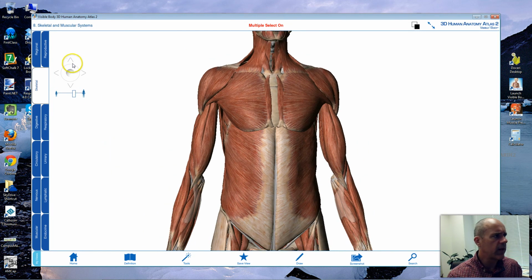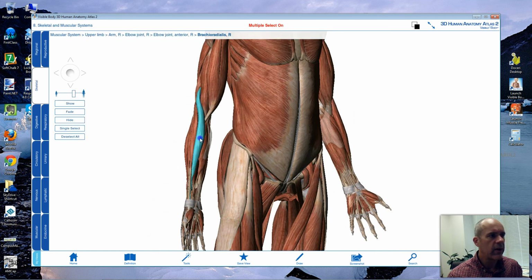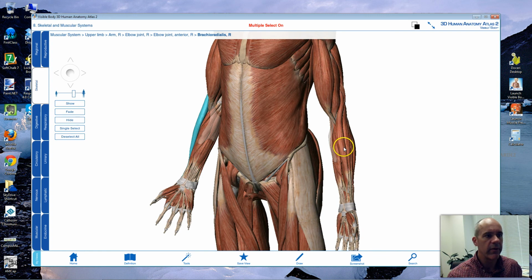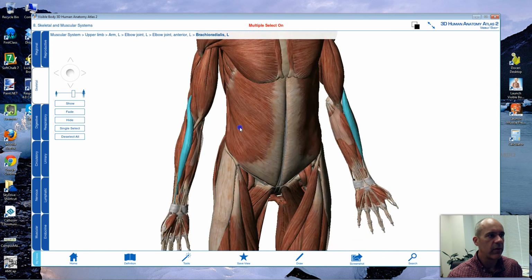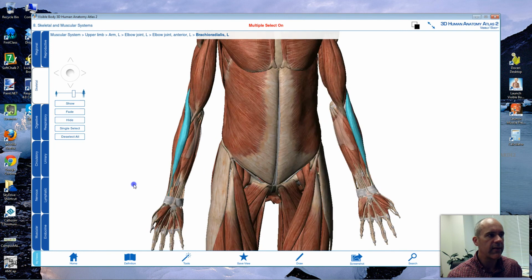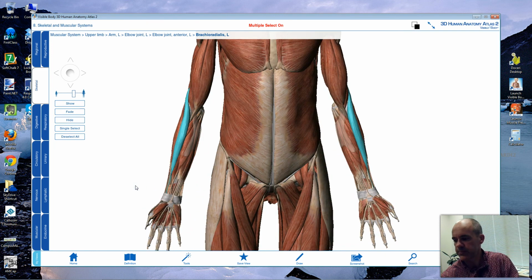All right, then you've got a muscle right here. It's on the lateral side of the arm, and then over here on the left. So it's starting up here above the elbow, kind of wrapping around and running along the radius. That is called the brachioradialis muscle. Pronator teres muscle.